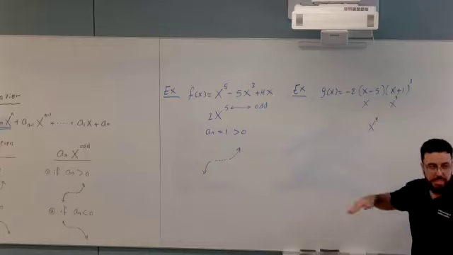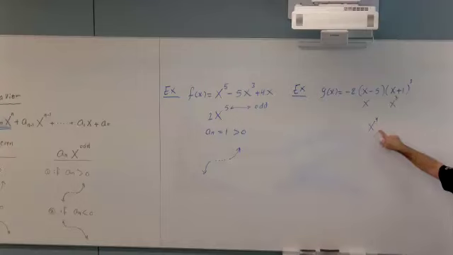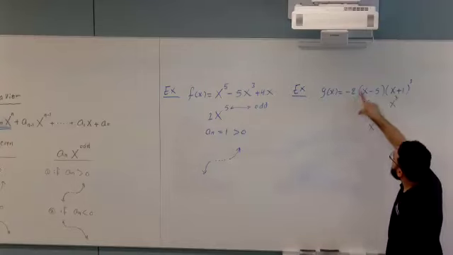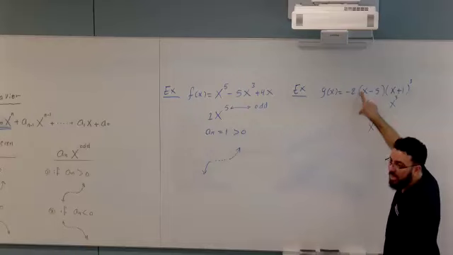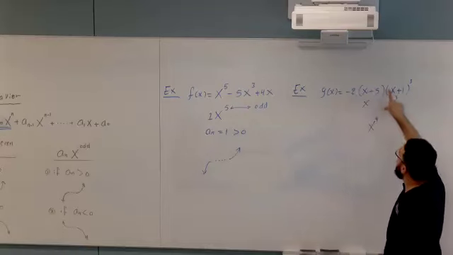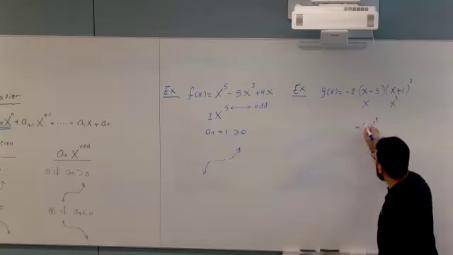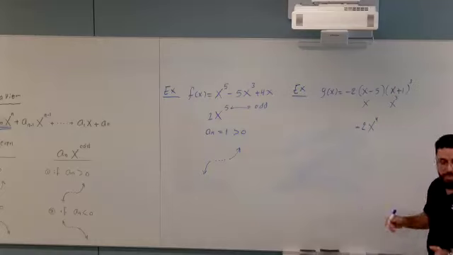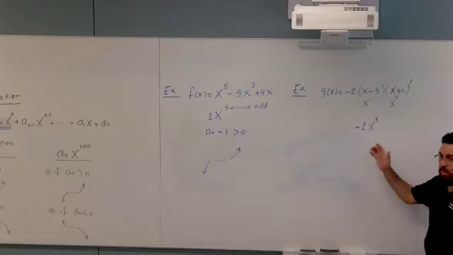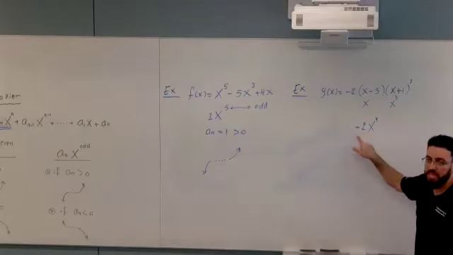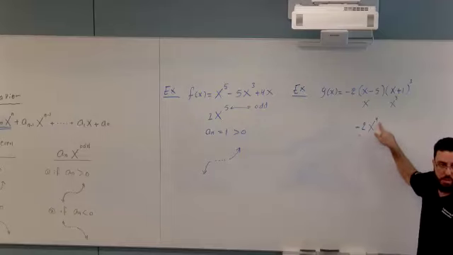So when you FOIL it, the highest exponent is going to be 4. Now, -2 times 1 is -2. So I'm sure 100% that when I FOIL and multiply everything, the highest term is going to be -2x to the power 4.